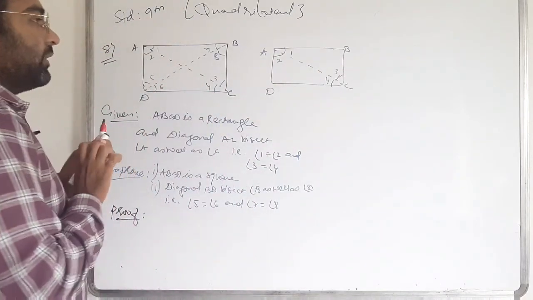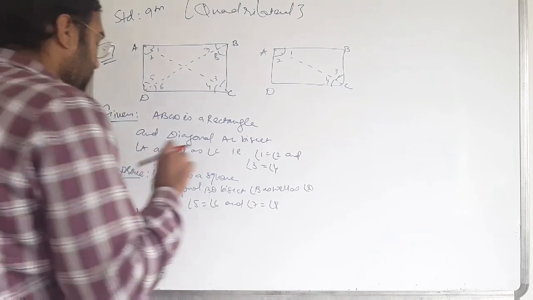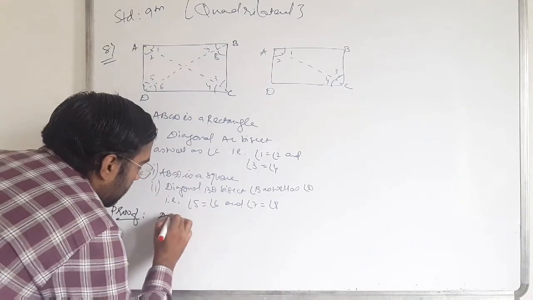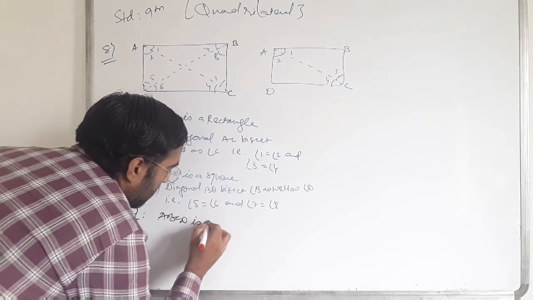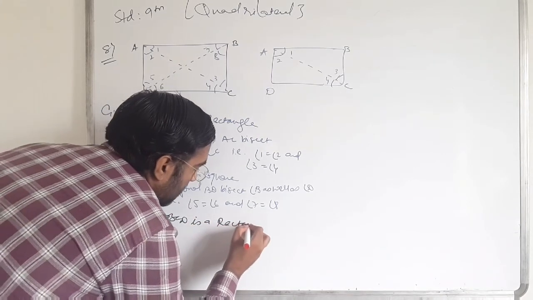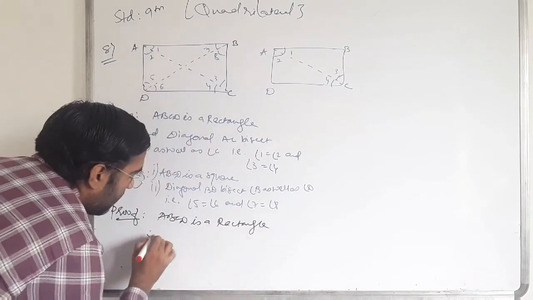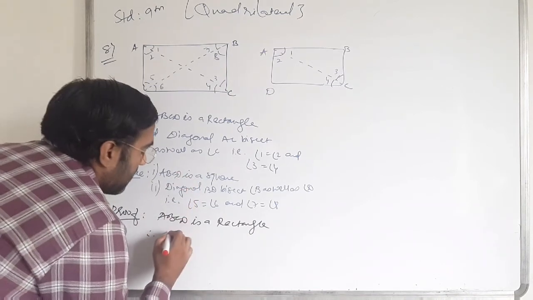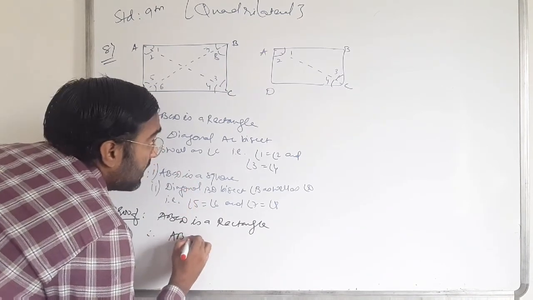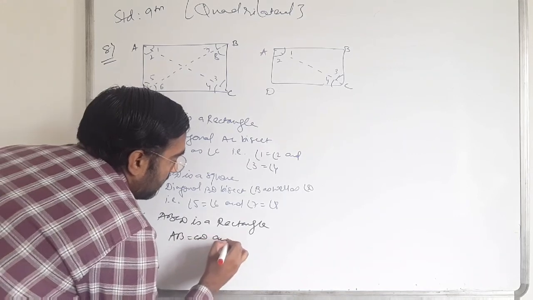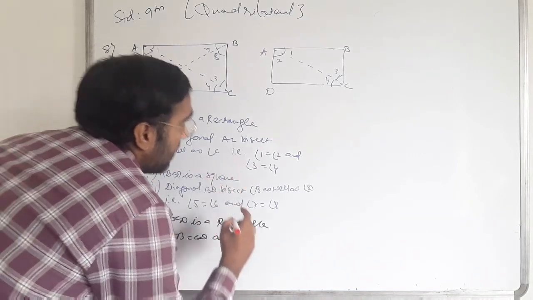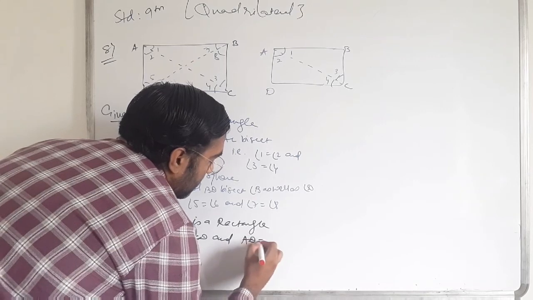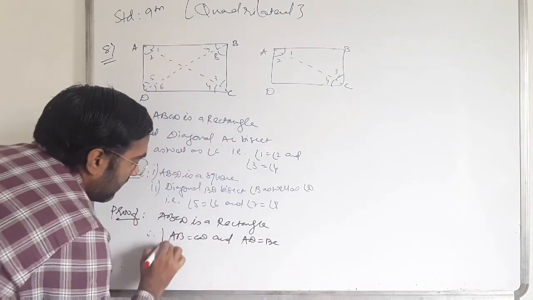So these things are given: ABCD is a rectangle. Therefore, opposite sides, that is AB is equal to CD and AD equal to BC. Clear that?